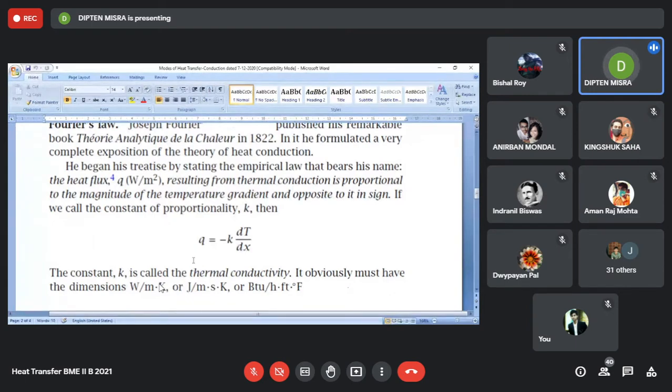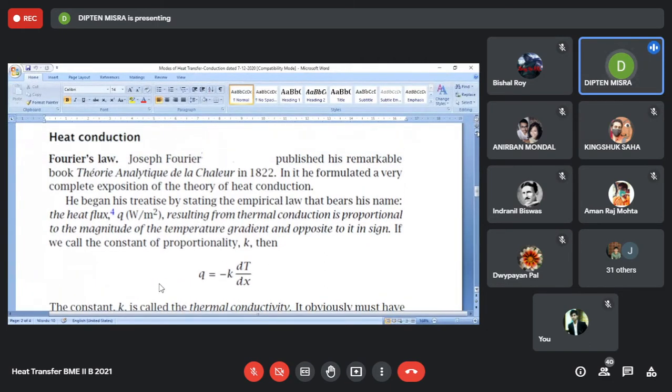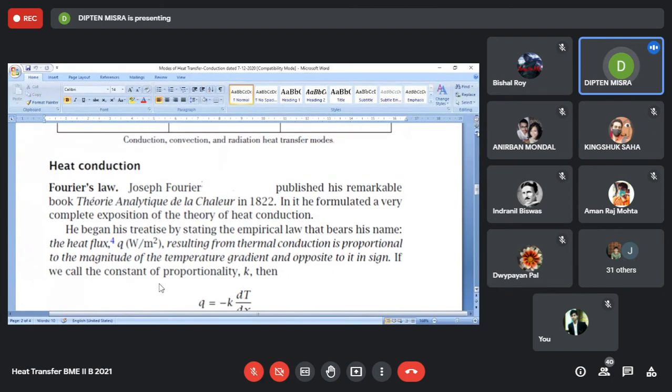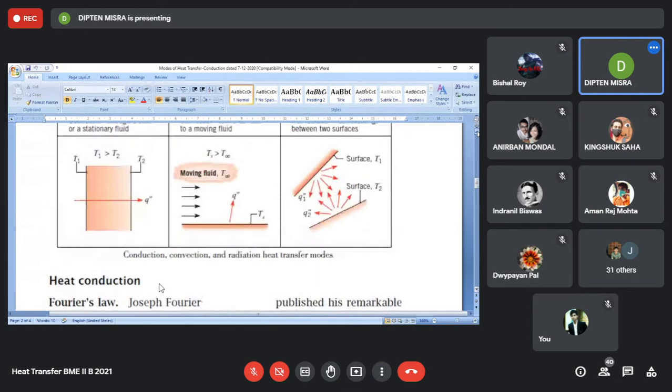First of all, what is heat flux? When we talk of the heat transfer subject, although we are interested in finding the heat transfer from an entire wall, we require to know the rate of heat transfer across this wall.